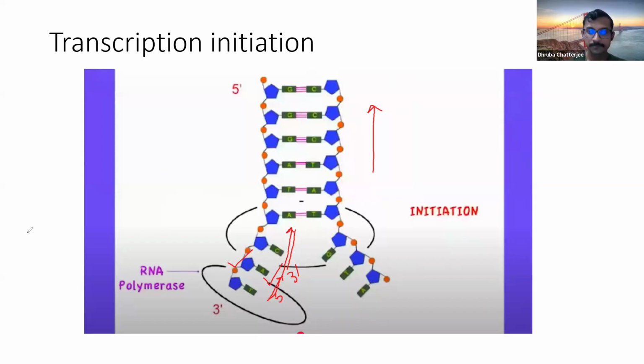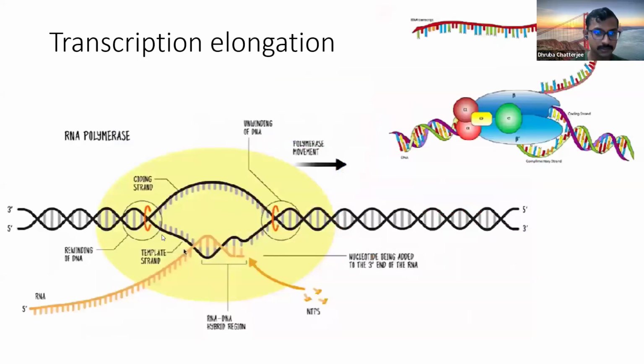So I hope that this will be useful in appreciating how transcription elongation happens. In the initiation, the RNA polymerase had already bound to the promoter region, it had unwound the DNA, and it had started reading one of the two DNA strands as a template.